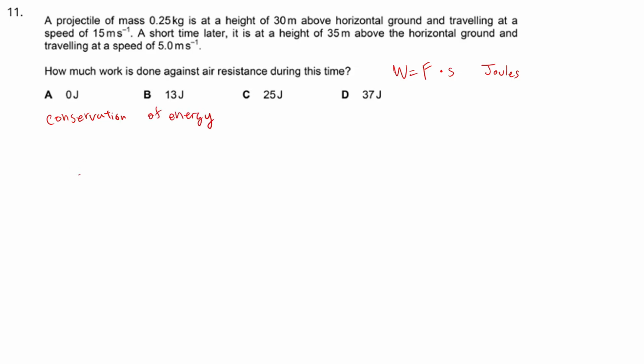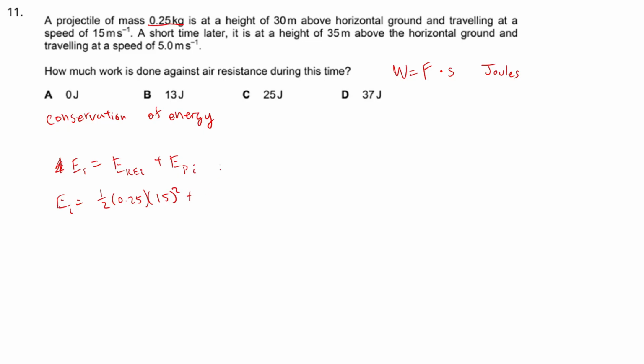So in this case, our energy initial is equal to the kinetic energy initial plus the potential energy initially. So we can substitute using the equation: 1/2 mv squared, where m is given here, 0.25, and a speed of 15 meters per second squared.